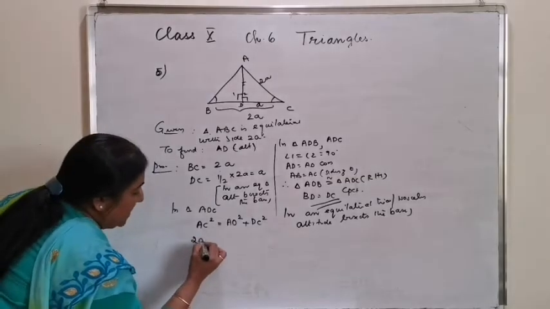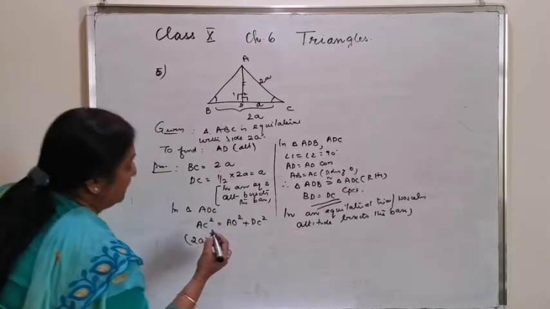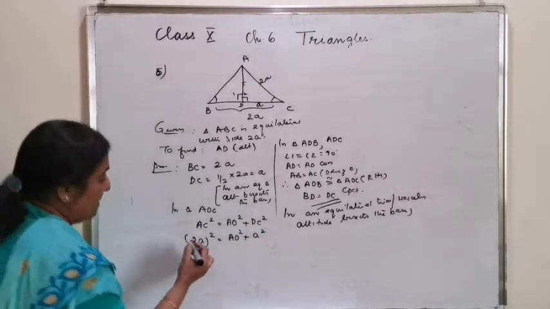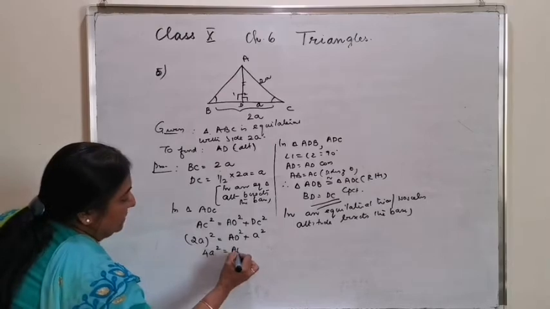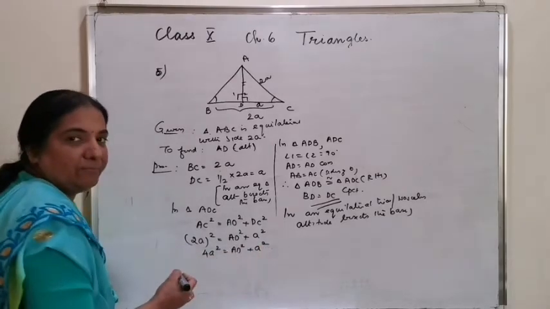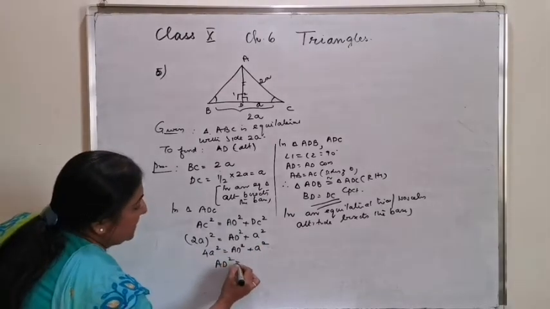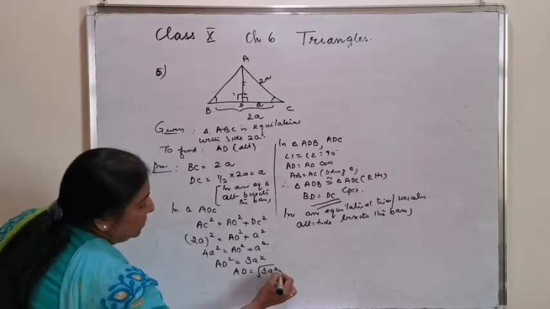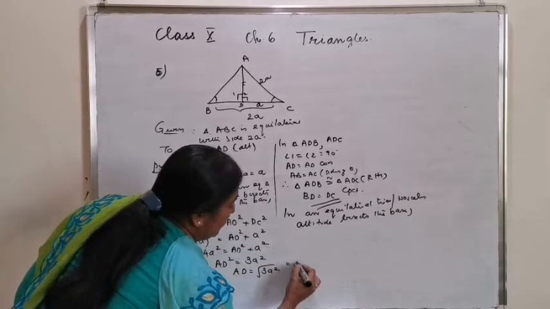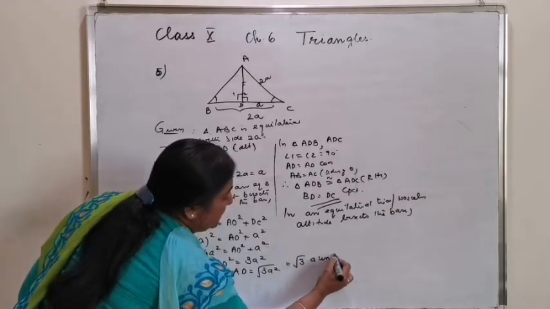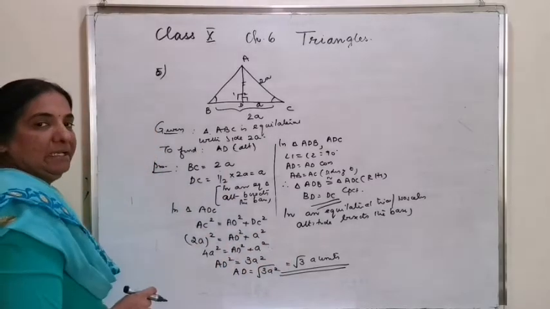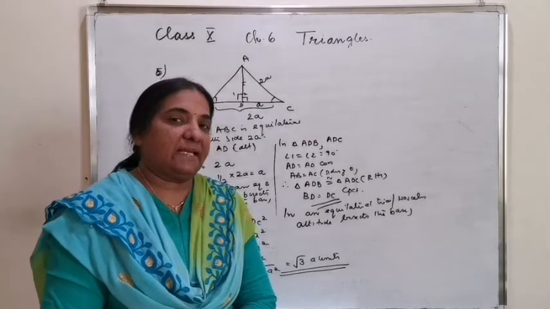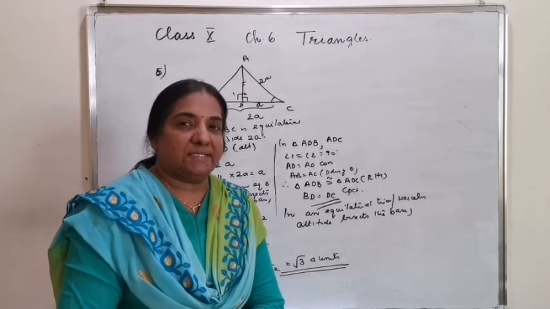AC square means 2A the whole square is equal to AD square plus A square. 4A square is equal to AD square plus A square, or AD square is equal to 3A square, or the length of the altitude is root of 3A square, which is equal to root 3A units. That is, the altitude is root 3A units if each side measures 2A units.